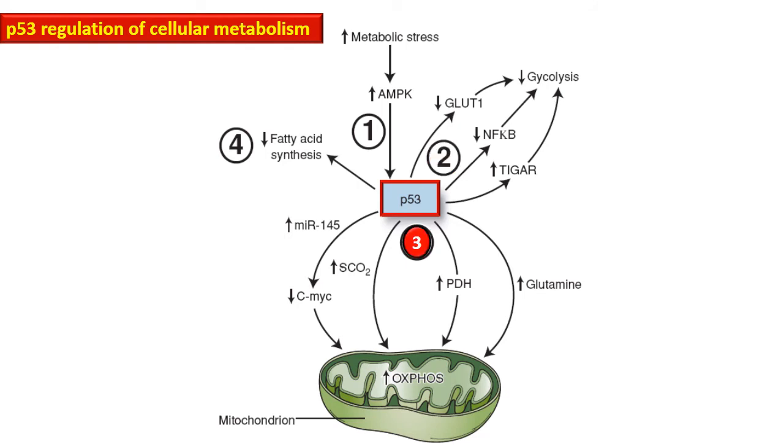Then it increases TCA cycle activity as P53 upregulates SCO2, that is a stimulator of cytochrome oxidase that increases mitochondrial electron transport. It also increases pyruvate and glutamine incorporation into the tricarboxylic acid TCA cycle by upregulation of the pyruvate dehydrogenase.